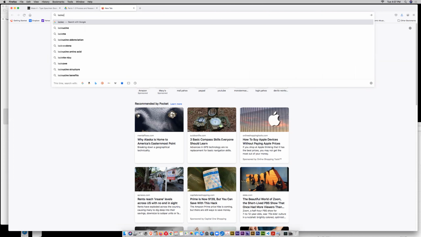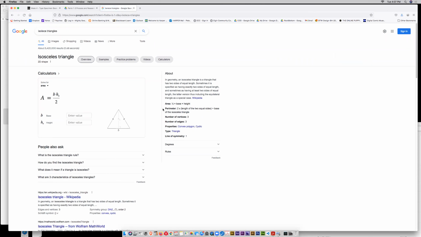Okay, two sides of an isosceles triangle are of equal length, the other is longer. Although actually, call me crazy, this to me looks like an equilateral, but let's just try something. No, okay. Let's see.